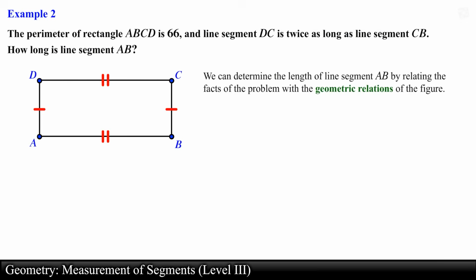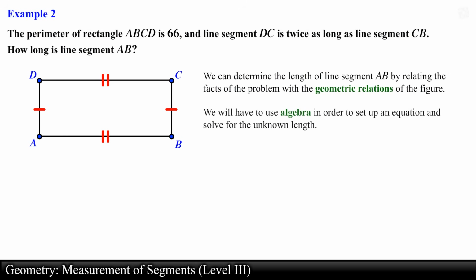We can determine the length of line segment AB by relating the facts of the problem with the geometric relations of the figure. We will have to use algebra in order to set up an equation and solve for the unknown length. In this case, our unknown will be line segment AB.